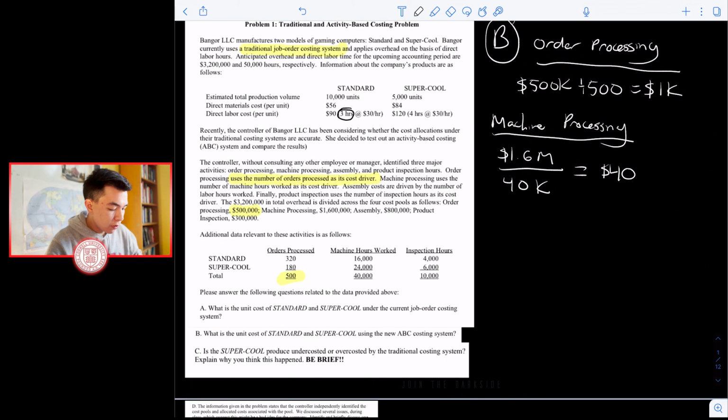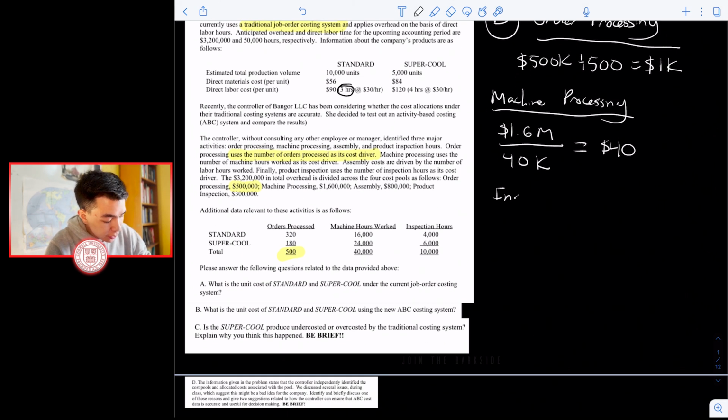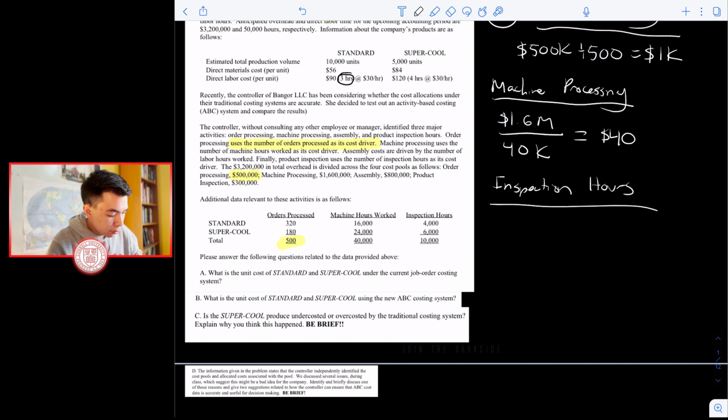And then we're going to do inspection hours. Inspection hours cost is 300K, and we did 10,000 hours, so we divide that and we get 30.